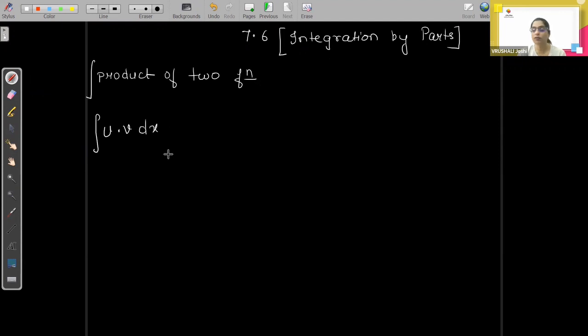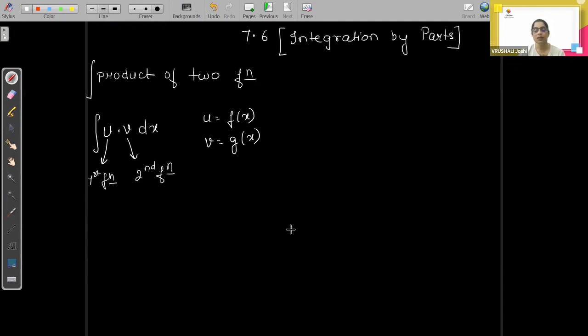So u is a function. So suppose ऐसे ले लो कि u is a function f of x, correct? And v is a function g of x, correct? If this is the case, correct? So understand, if you consider this as your first function and this as your second function.